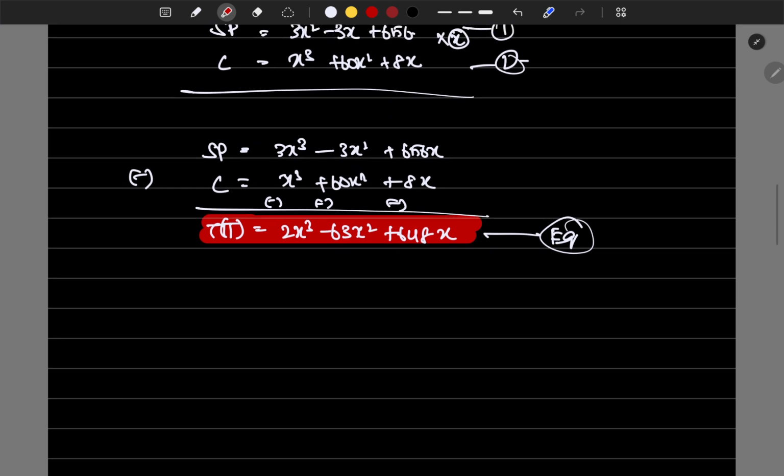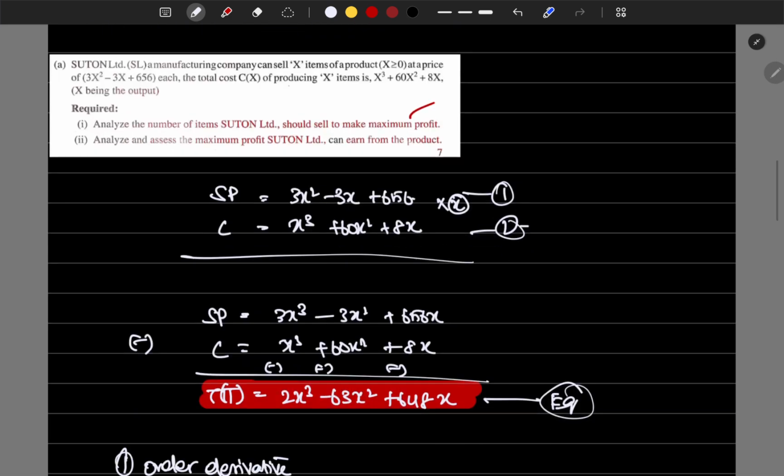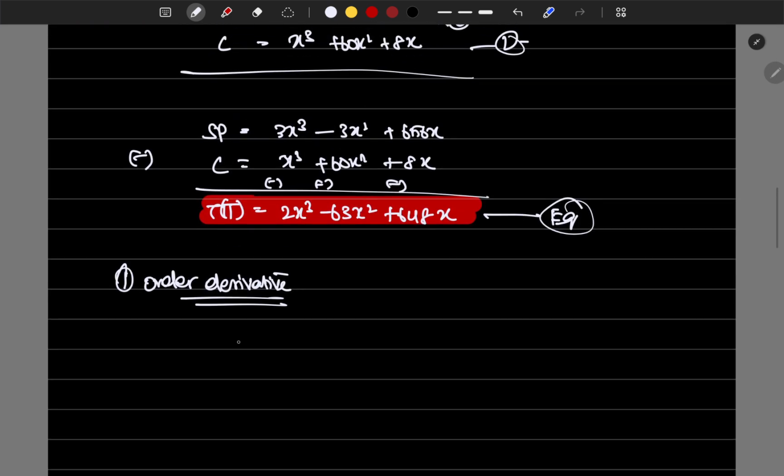Then what we have to do is take the first order derivative. What I have told you: whenever the x value comes, you have to derive the x like this. Let's do this.